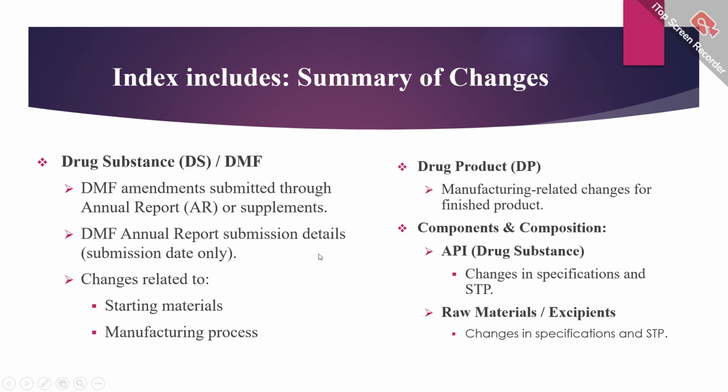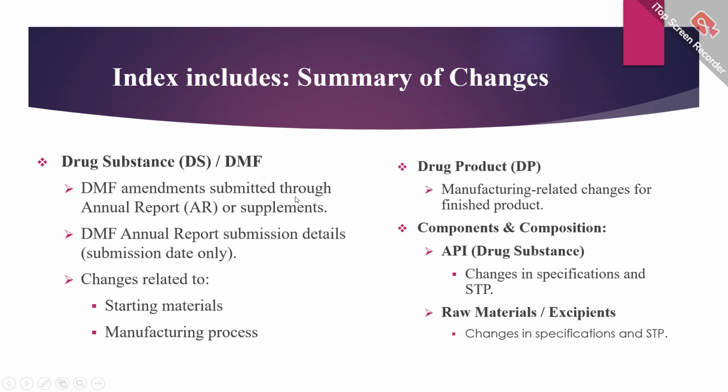First one is drug substance. In drug substance, we will be having DMF, drug master file. Companies will submit their own DMFs, and we will just include the DMF information and updated spec in our product. So here in drug substance, we will include DMF amendments and annual report dates. If it is an annual report, we will submit only the submission date of the annual report for the DMF.